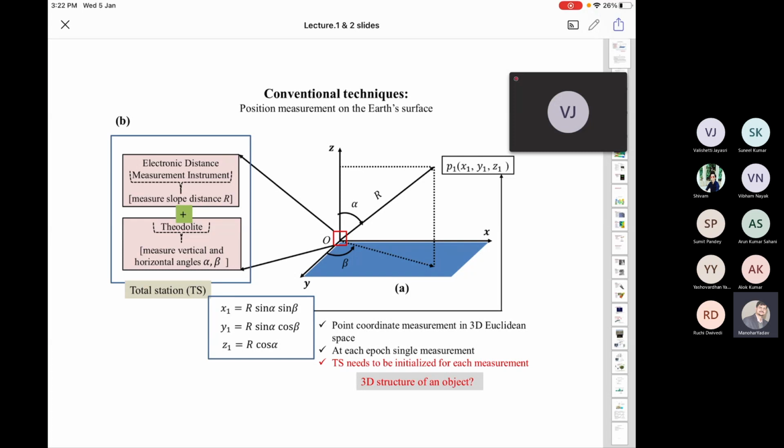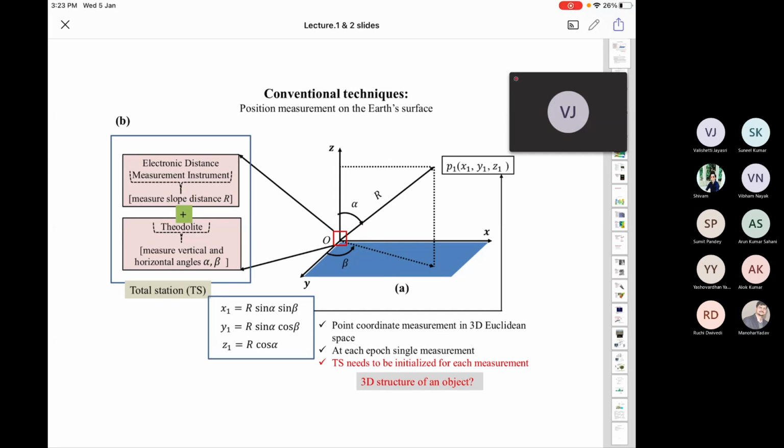Though it is not up to that level, it all depends on how densely you are acquiring the point cloud. So let's say it is 5,000. So 5,000 uniformly distributed target points you need to select from a tree for its geometrical representation.